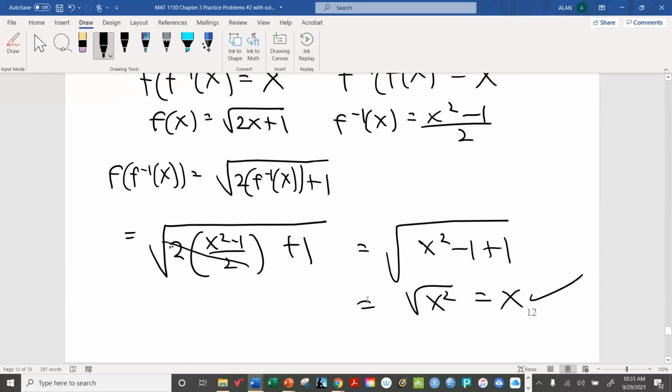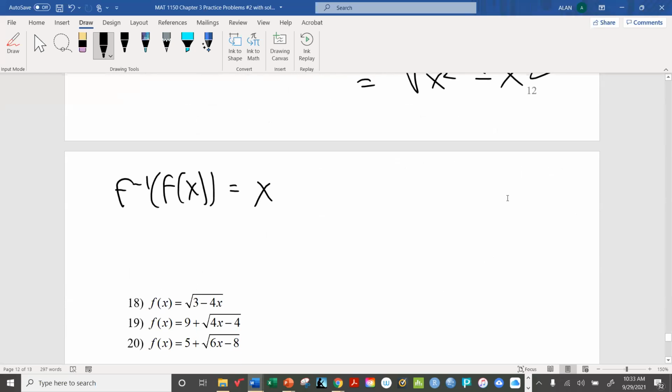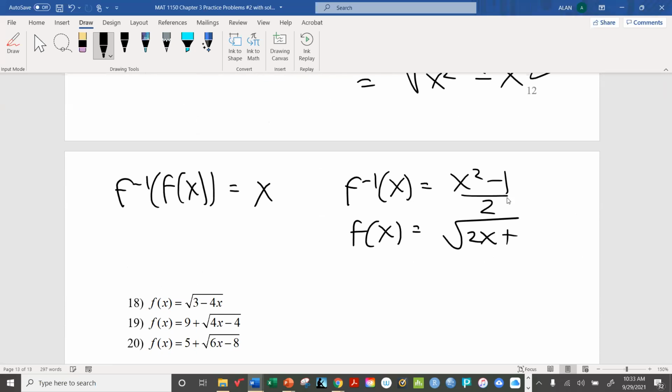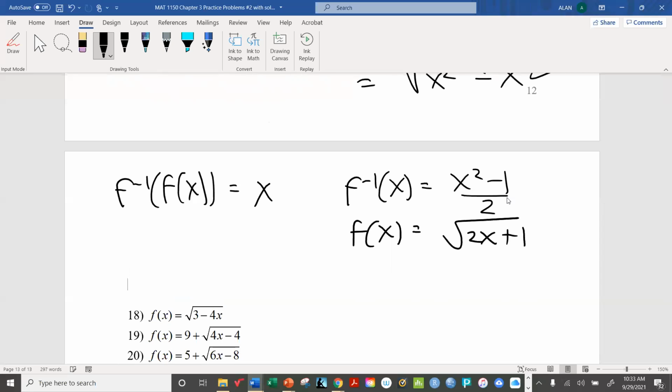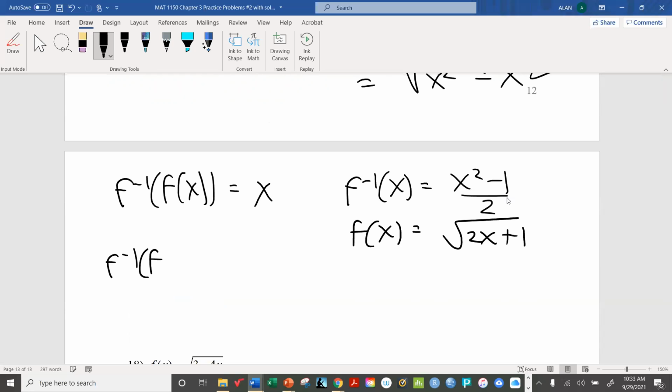So now f inverse is this thing, x squared minus 1 over 2, and the original function was, all right, so what we're going to do then is take all the x's in our inverse and replace them with f of x.